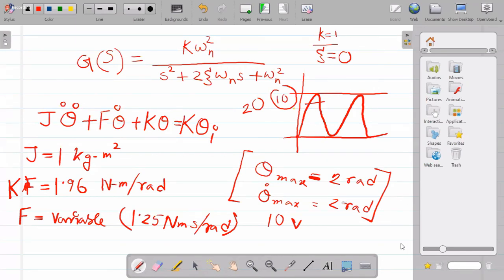That is beyond the permissible range of this op-amp circuit. So what we need to do is to scale down this value so that theta max, instead of being 2 radian, should come down to 1 radian, so that the peak to peak value should remain within 0 to 10 volts, right? So this is how magnitude scaling should be.